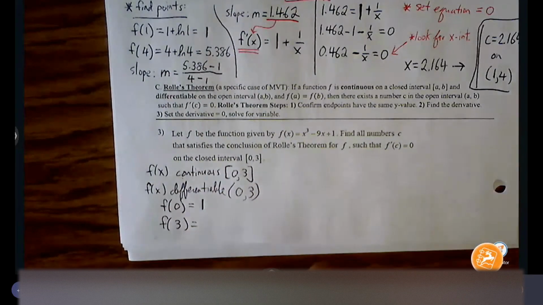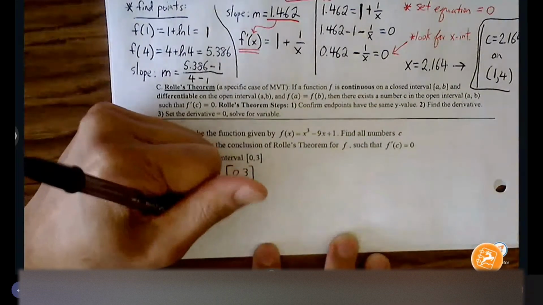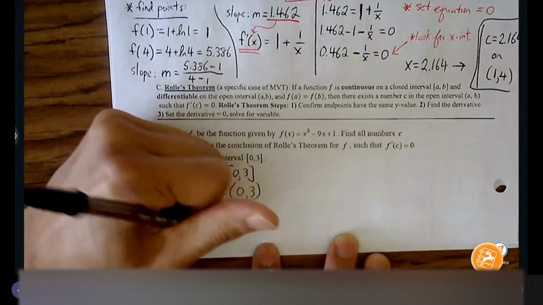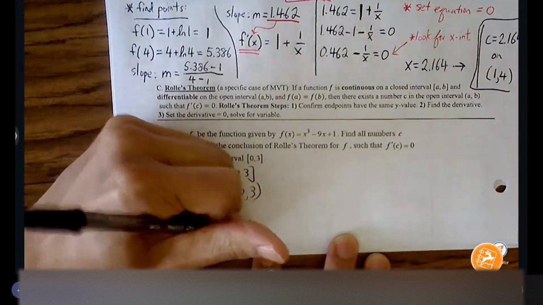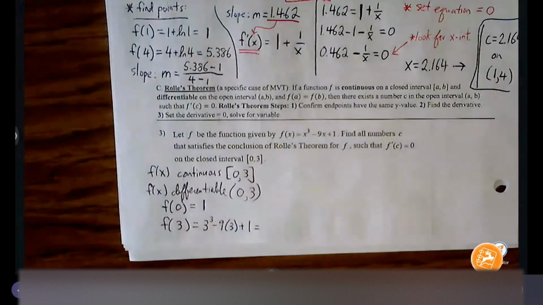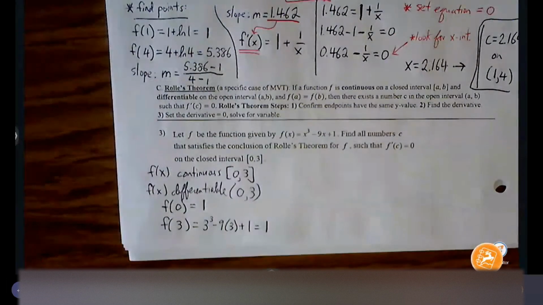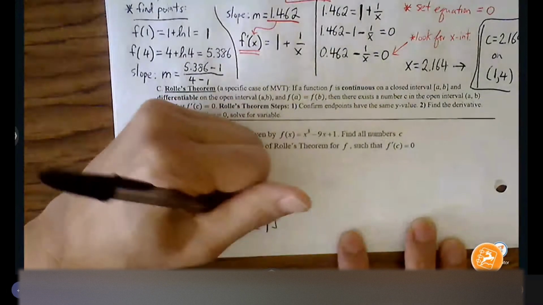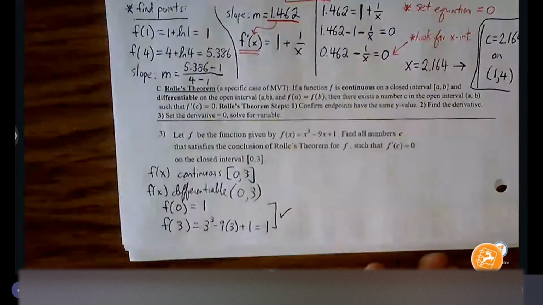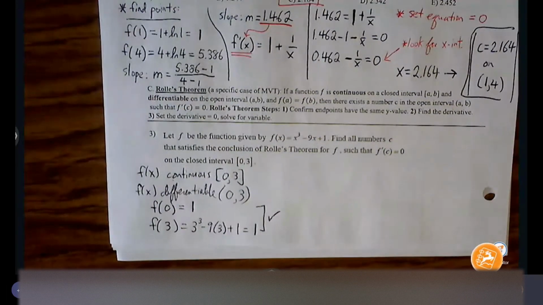And if I put 3 into the function, 27 minus 27 plus 1. So does Rolle's theorem apply? Yes, because my endpoints are nicely located right across from each other.